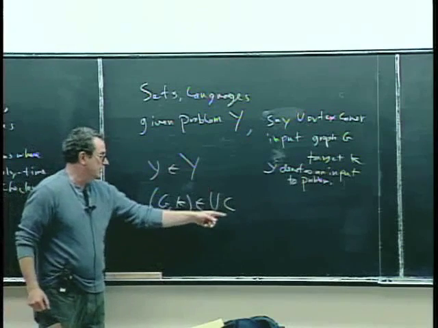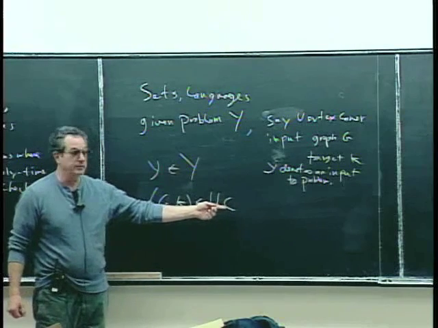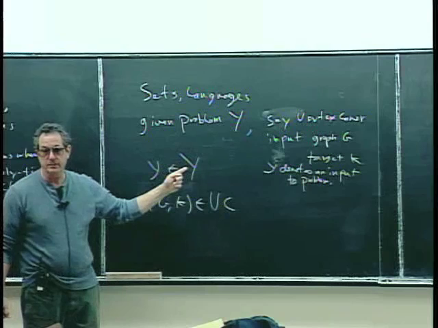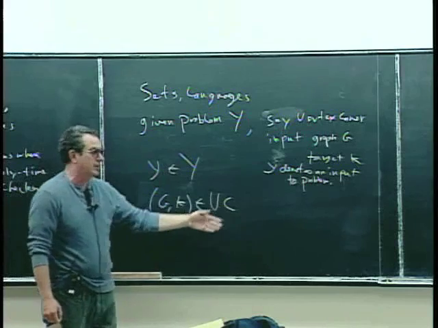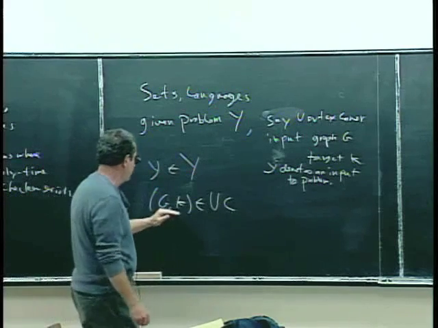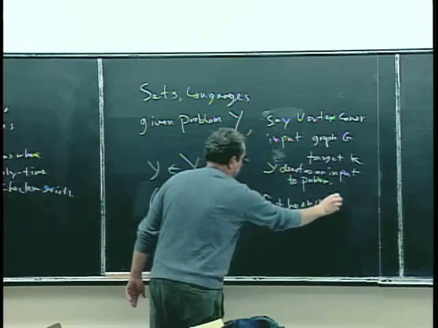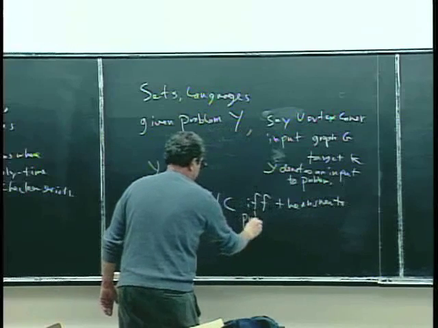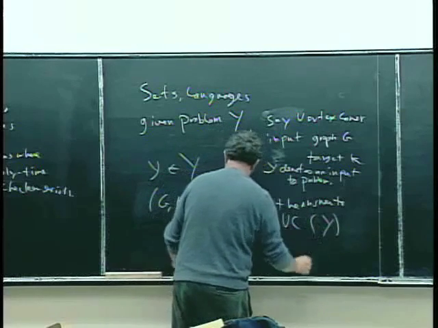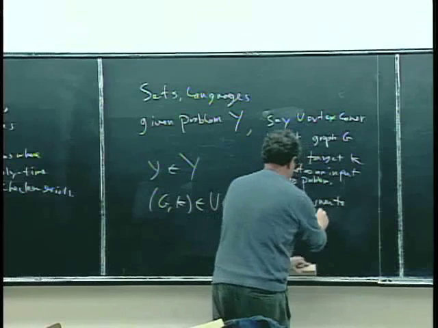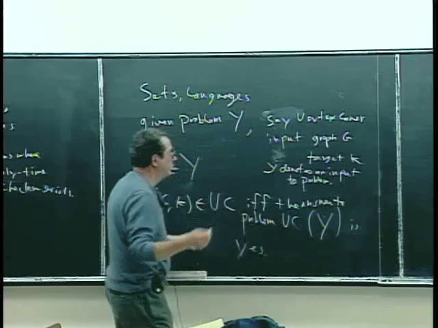So you think of this as not just the name of a problem, but as identifying a set of instances, and Y identifies a set of instances. These are the instances where the answer to the vertex cover problem is yes. Okay? So if and only if the answer to the problem, in this case vertex cover, but in general Y, is yes.